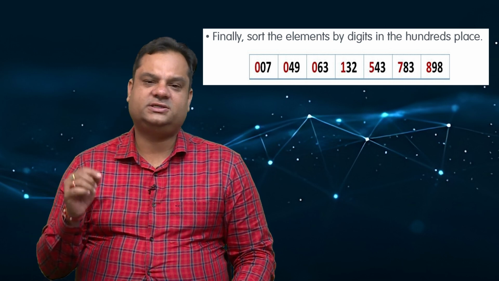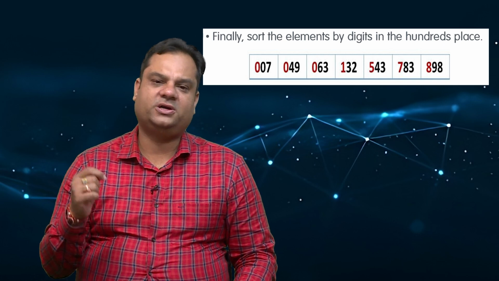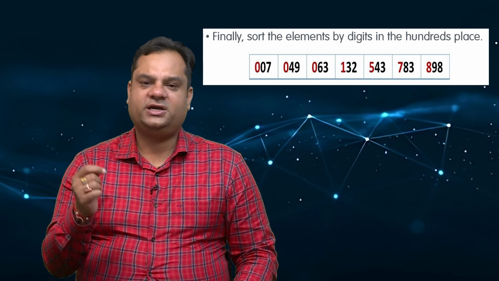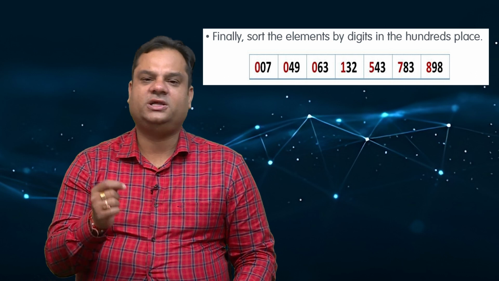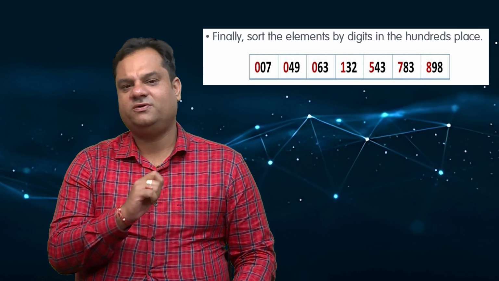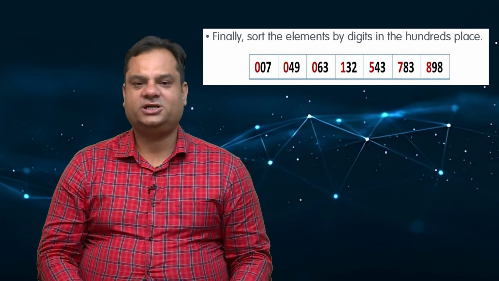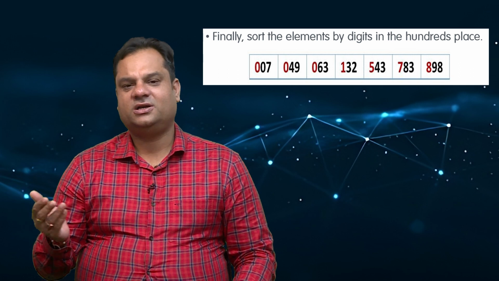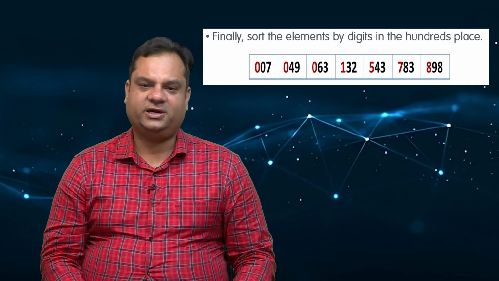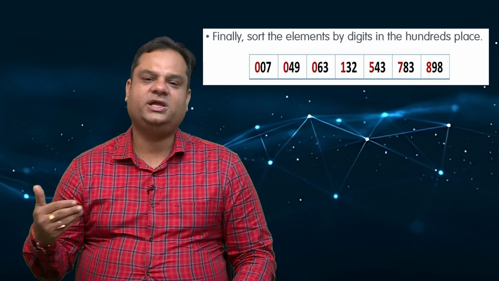So this data is sorted using the Radix sort technique. 898 is the biggest element, holding the last position, and 007 is the smallest value, holding the first position. This is the way to sort our data using the Radix sort technique.